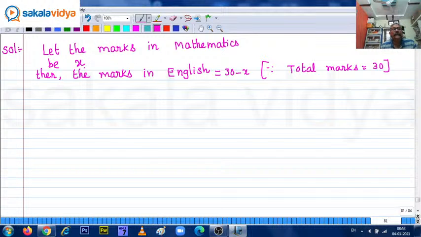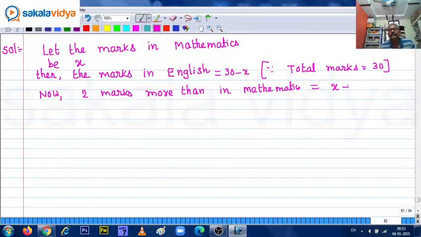Now if 2 marks more than in mathematics, that equals X plus 2. And 3 marks less than in English subject means 30 minus X minus 3.